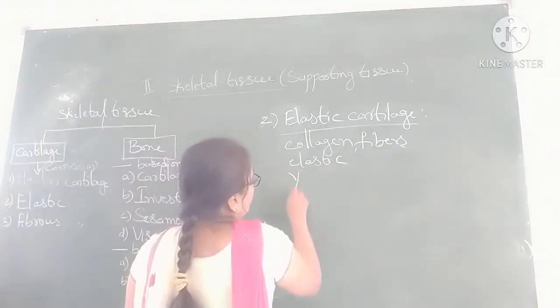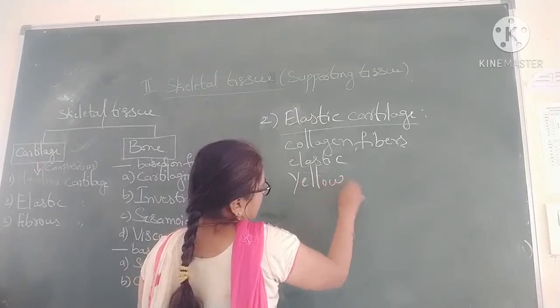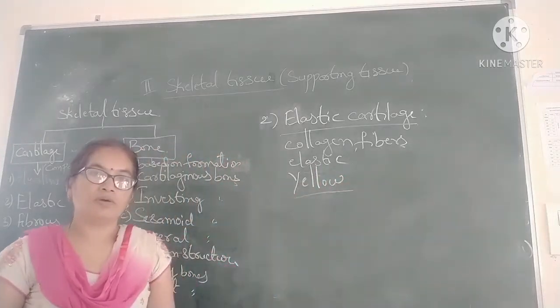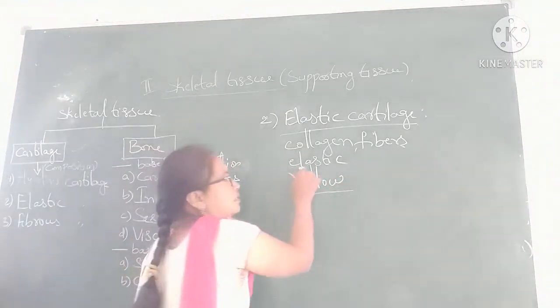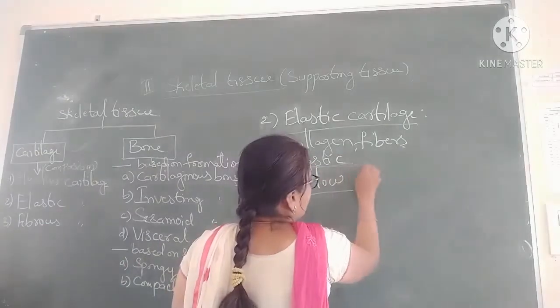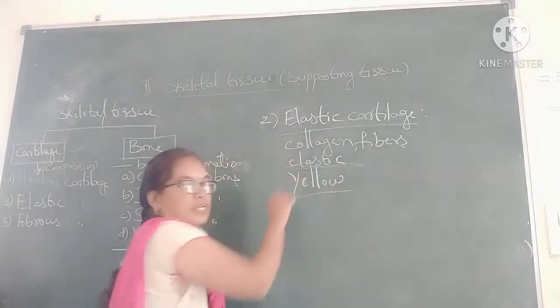They are yellow in color, because elastin is a protein that is yellow in color.